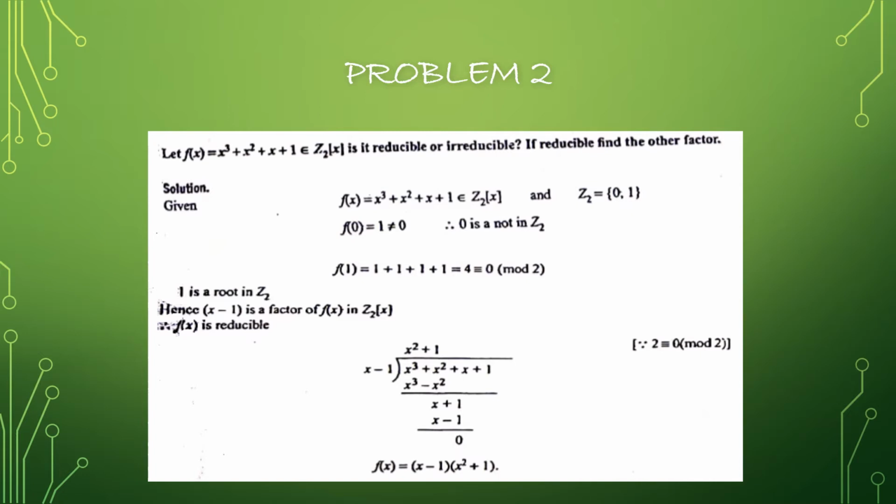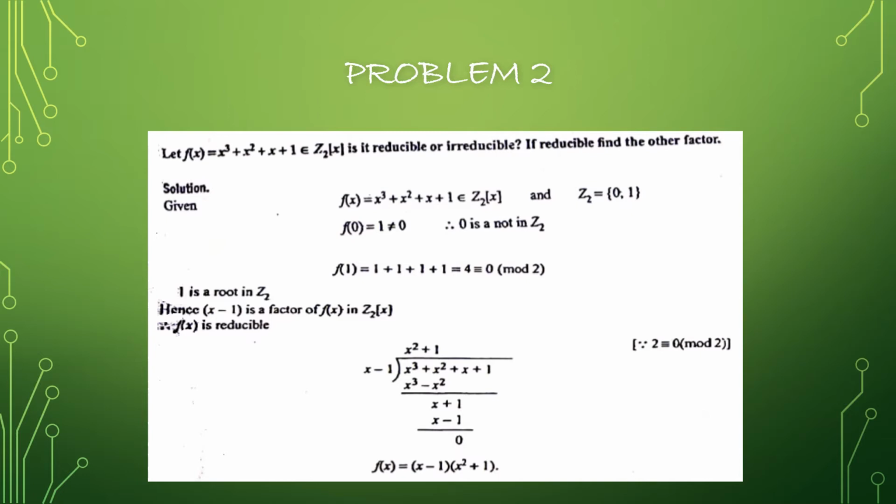What do I do? I substitute 0 first. What will I get? 0, 0, 0, 1, which is not equal to 0. Therefore 0 is not a root in Z2. Are you able to understand? Now I'll substitute 1.